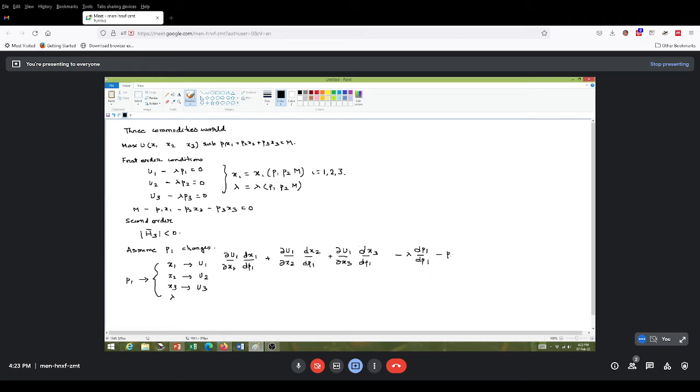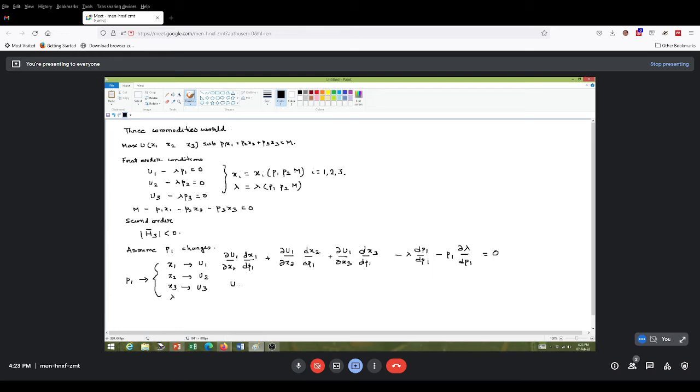Next we hold P1 constant, and we want to see what happens if P1 changes. From this function we can see that lambda will also change. And the right hand side is 0.